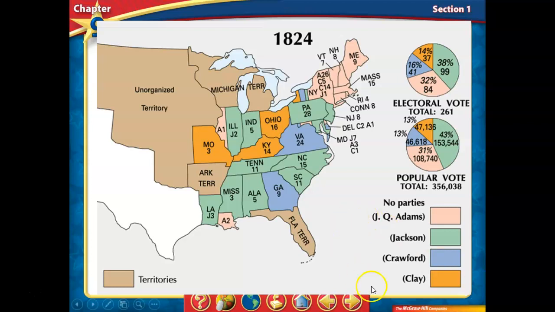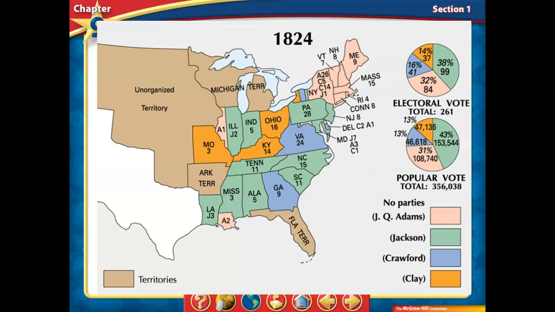Now, it's good to note that there's 4 different people running a sectional campaign. Clay, for example, he wins these middle states here. Jackson, he wins the South. Adams, he wins the North. So because of that idea of running these sectional campaigns, the election of 1824 essentially sets up the two-party system that we have today.